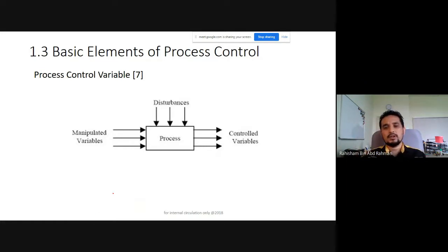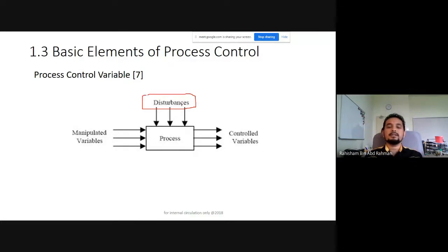If we look at these illustrations, we have a process in the middle, and we have the manipulated variables, which are the input, and the control variables, the output, and in some cases, in dynamic conditions, we always have a disturbance.